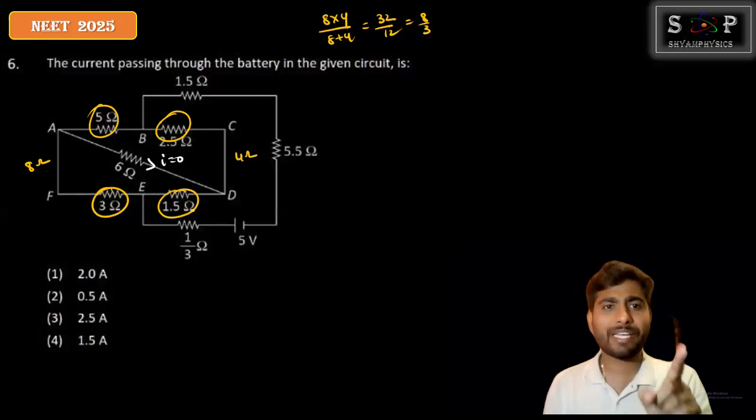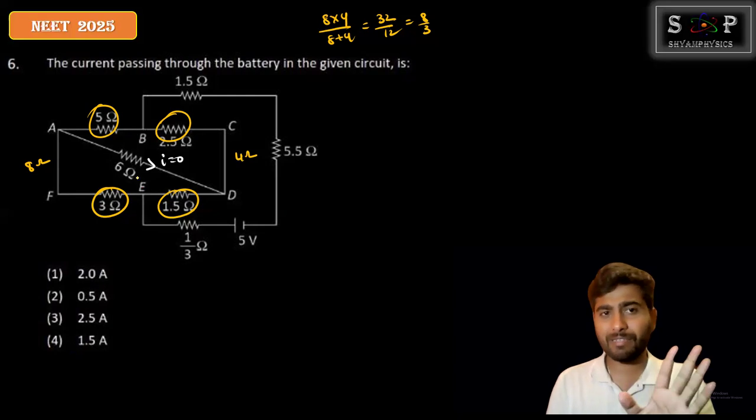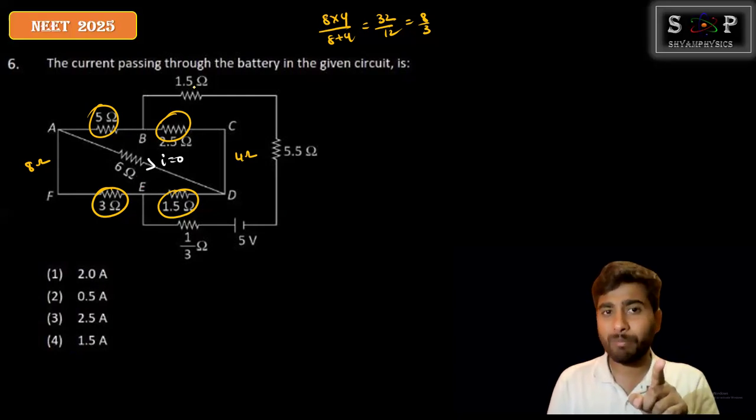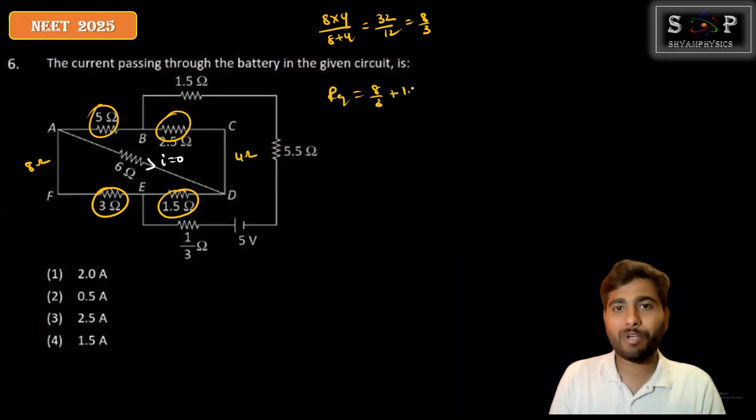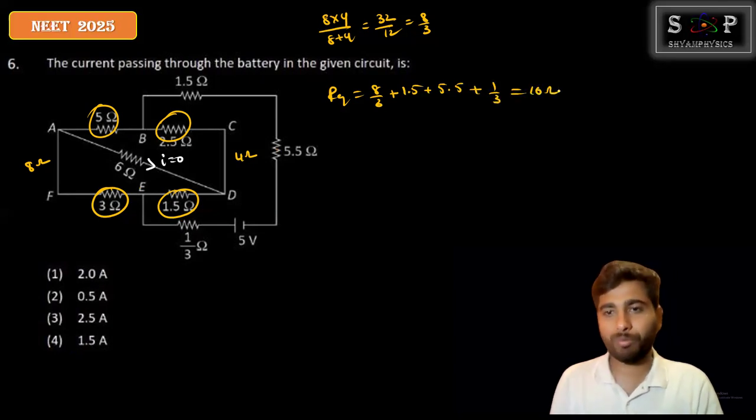So here we get 8 by 3 as one resistor, which is added to 1.5, 5.5 and 1 by 3. So R equivalent will be equal to 8 by 3 plus 1.5 plus 5.5 plus 1 by 3. Its answer will come to 10.